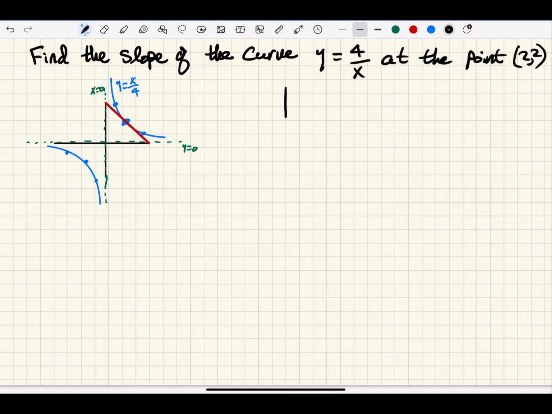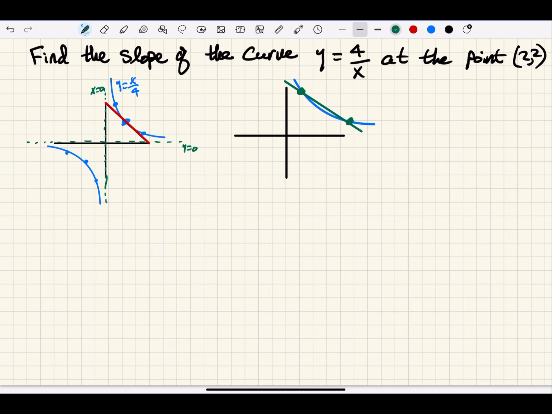I'll draw a graph that exhibits what we're trying to do here, since there isn't room on our graph over to the left. So let's say that we have a point here and a point here. We could draw a line that would be secant to the curve through those 2 points.